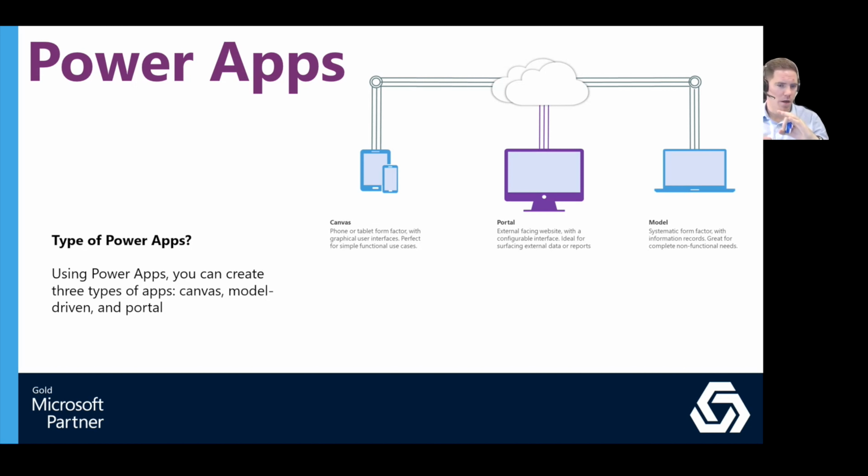So a lot of the customers we work with have a model-driven app for internal, a Canvas-driven app for mobile or tablet services, and then when they want to talk to their external customers, they want to submit a work package to somebody who's not inside the 365 environment, they'll use a portal to do that. So their third party contractor might log on to their portal, log in with their Microsoft account, but the customer we're working with is submitting a work package out to that portal to say, you need to do this piece of work over the next 3 months, this is the budget and all that kind of stuff.